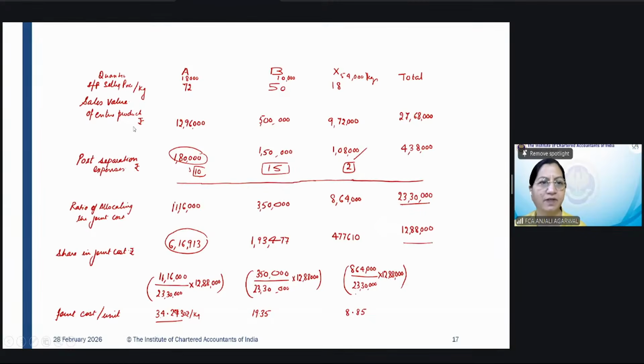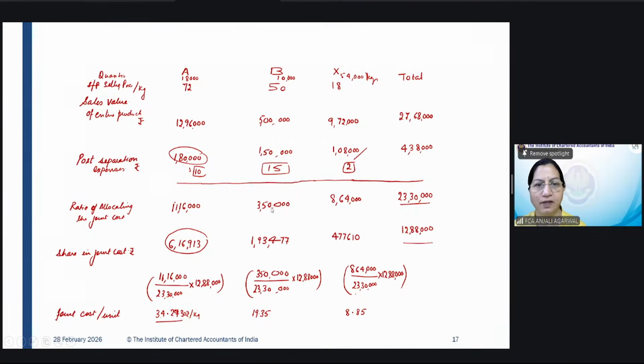So you will prepare a statement: share in joint cost 6,16,913, per kg 34.27. Post-separation cost 1,80,000 rupees, per kg 10. Total cost 616 plus 180, so that would be 7,96,000 something, and per kg it would be 44.27.